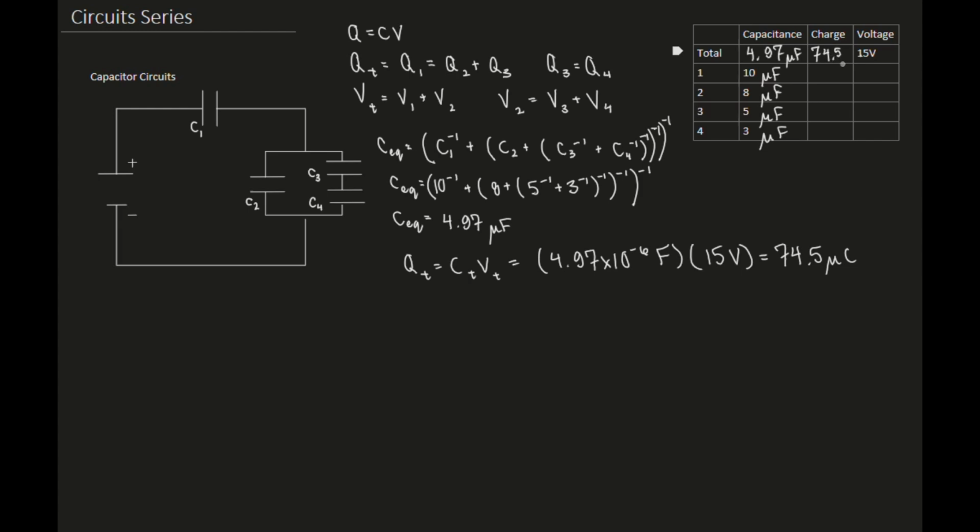Now if we remember that the total charge is the same as the charge across 1, because those are in series and therefore consistent, then the charge across 1 is the same. I can then use the same equation if I re-solve the variables for voltage equaling the charge over the capacitance for the voltage across 1.